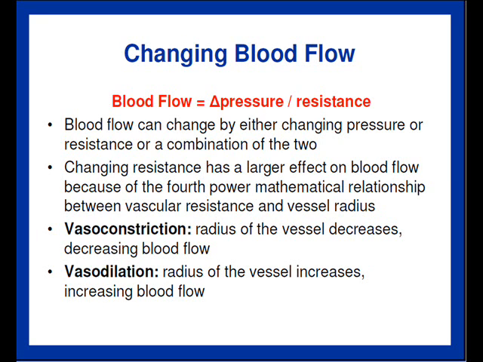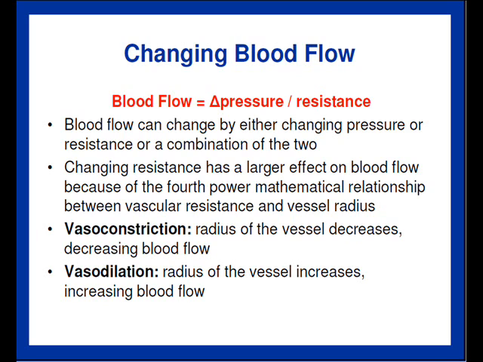So how do we change blood flow? Well, blood flow is proportional to a change in pressure divided by resistance. Simple relationship. So it can change by changing the pressure or the resistance, or a combination of both. We've already mentioned changing resistance.